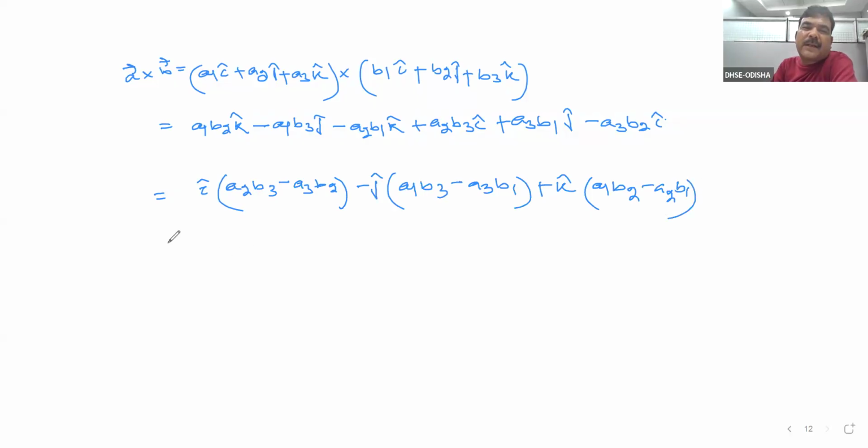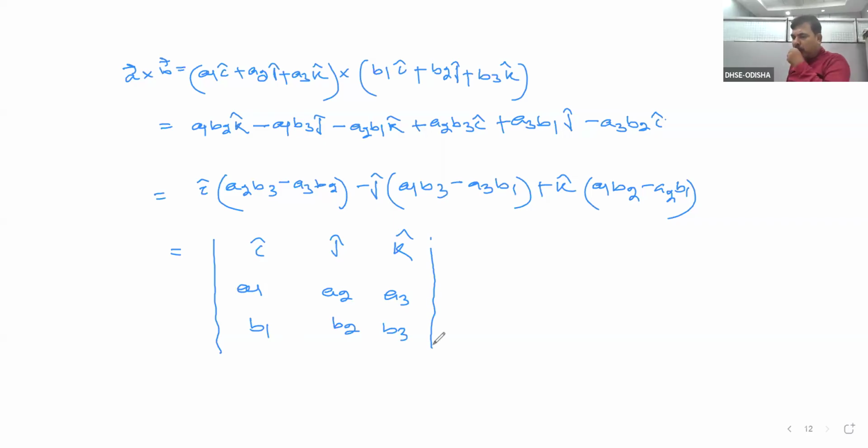So we can write it in determinant form as I J K, A1 A2 A3, B1 B2 B3.